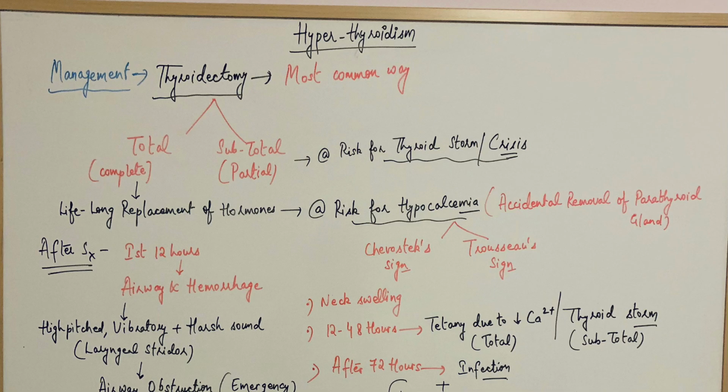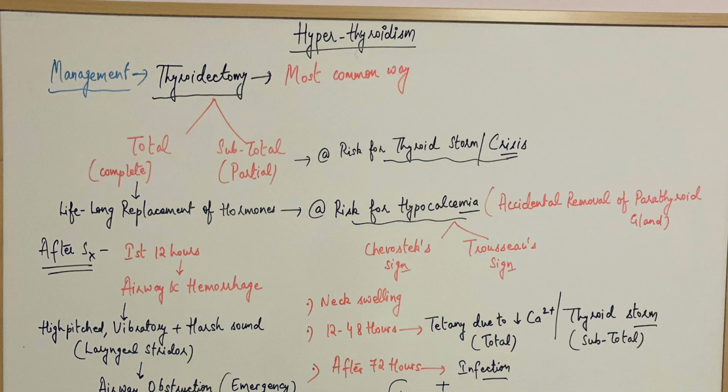When we surgically remove the thyroid gland, there is a chance of accidental removal of the parathyroid glands also. The parathyroid glands are responsible for maintaining the level of calcium in our body, and if they are removed accidentally, there is a risk of hypocalcemia. So in addition to hypothyroidism, we have to check for the signs and symptoms of hypocalcemia too.